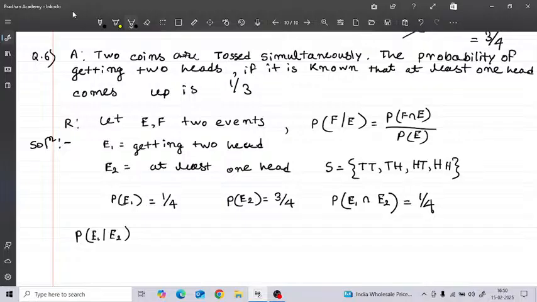That is probability of E1 intersection E2 divided by probability of E2, 1 by 4 divided by 3 by 4, that is 1 by 3. So my assertion is correct and reason is also correct. So our correct option will be option A, which denotes that both A and R are true and R is the correct explanation of A.